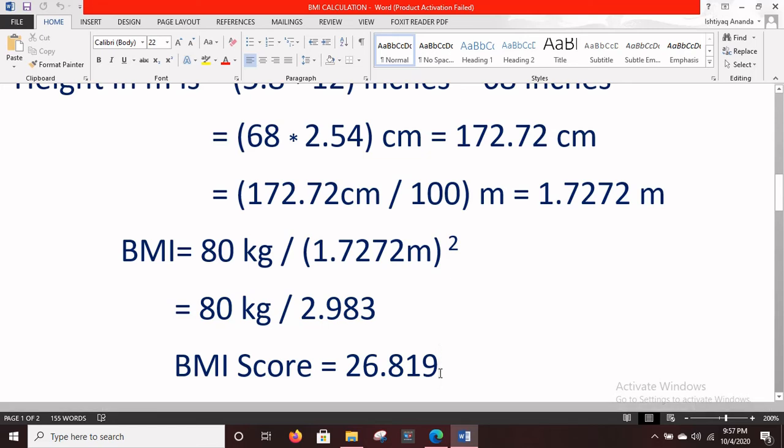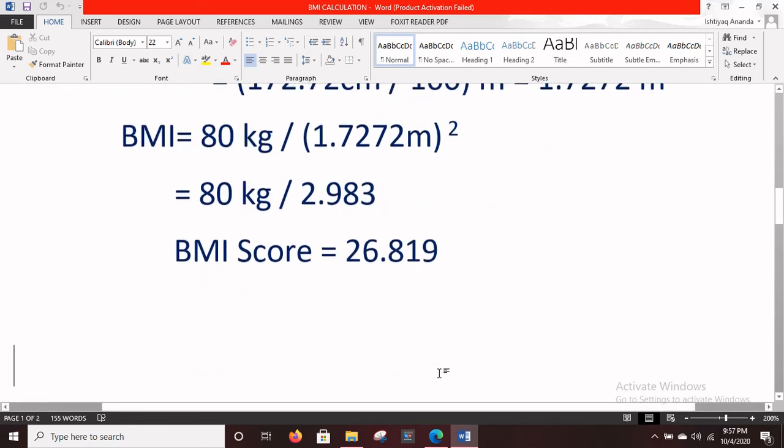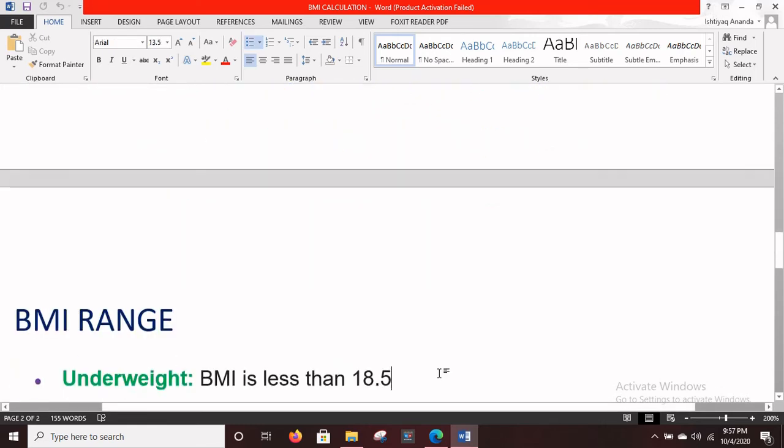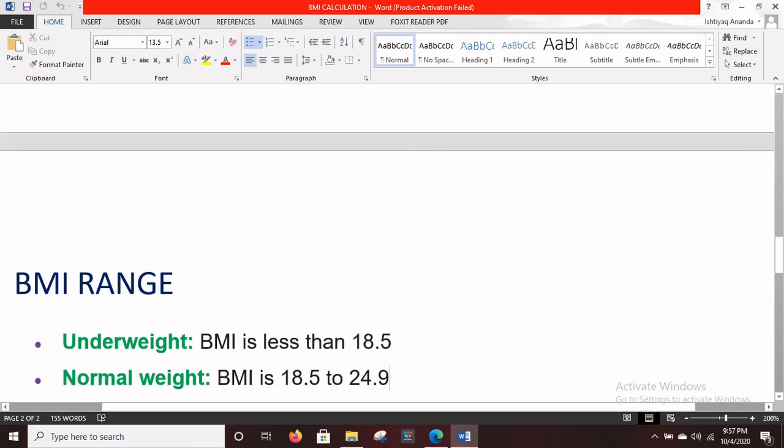Now we need to see which range this score falls under. So let's see the BMI range. If it's less than 18.5, we can say that the person is in the underweight range. If it's between 18.5 and 24.9, then it's normal weight.